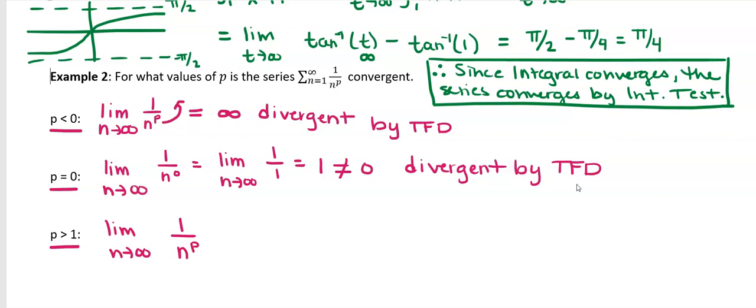And so if you recall back from, I believe it's lesson 7.8, if we were to try to take the limit of this, we would see that the denominator is growing really large, and so it would approach 0. So the test for divergence is telling us nothing here. So we're going to have to use something from lesson 7.8.